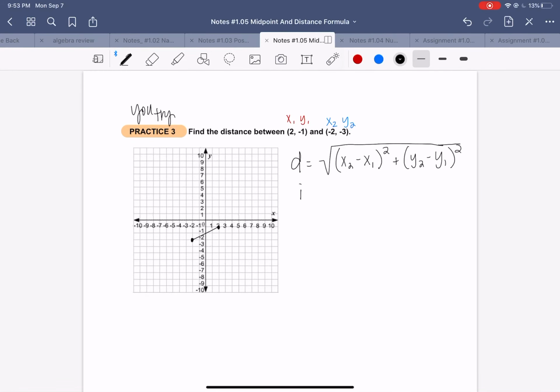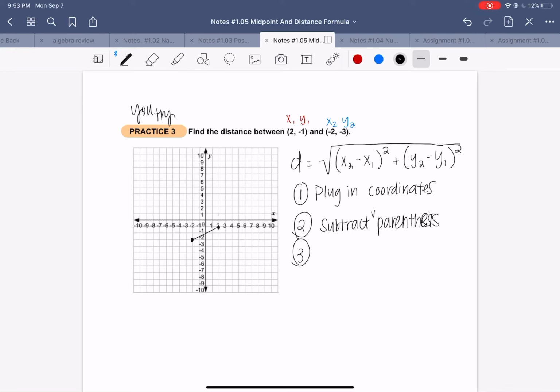So first you want to plug in the right coordinates. It's always good to double check too. Step 2 is subtract, parentheses first. Step 3, you want to then square.